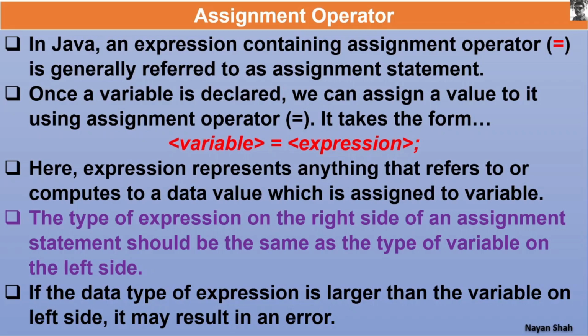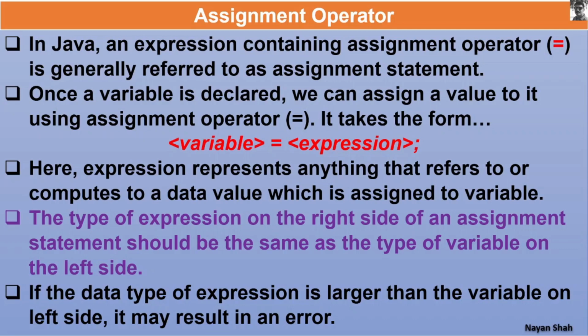So the fourth point is highlighting that the type of expression on the right hand side of an assignment statement should be the same as the type of variable on the left hand side. And if the data type of the expression is larger than the variable on the left hand side, it may result in an error. So if you try to assign an integer value to a byte variable, it will result in an error.